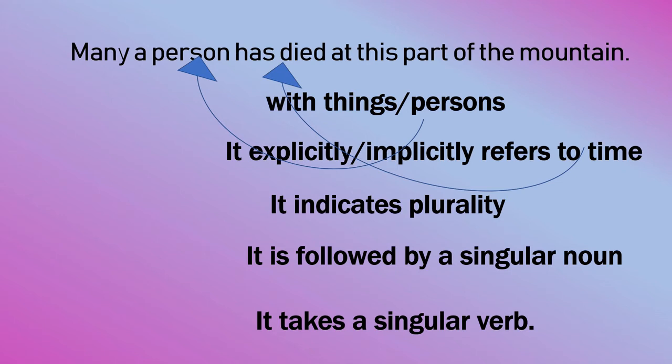We clearly get the hint that a number of persons have died a number of times, each person at a time. So implicitly we get the idea of time from this sentence when we use the determiner many a. Is it clear, my dear friends, now?